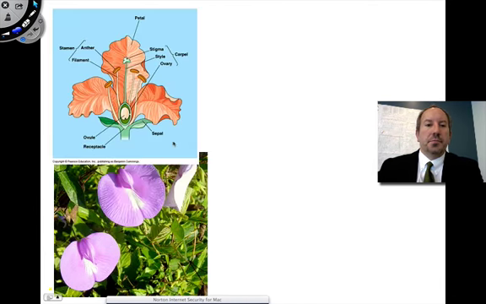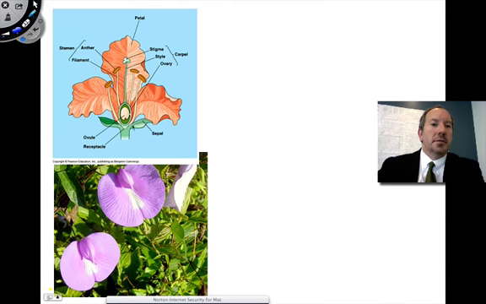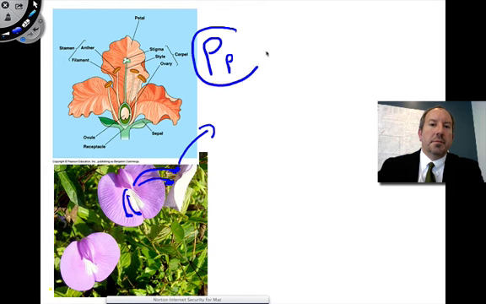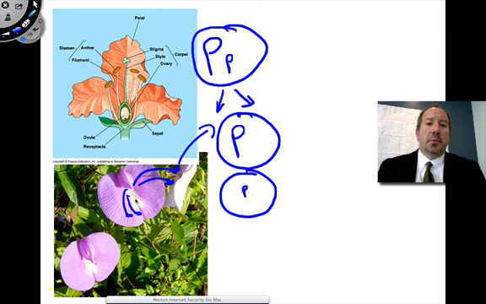And the purple hybrids right here can produce pollen, but the pollen that they produce, here's big P, little p, through meiosis, some of the pollen is purple and some of the pollen is white, coming from this hybrid plant. Now if this was a pure purple plant, it would only have purple pollen.